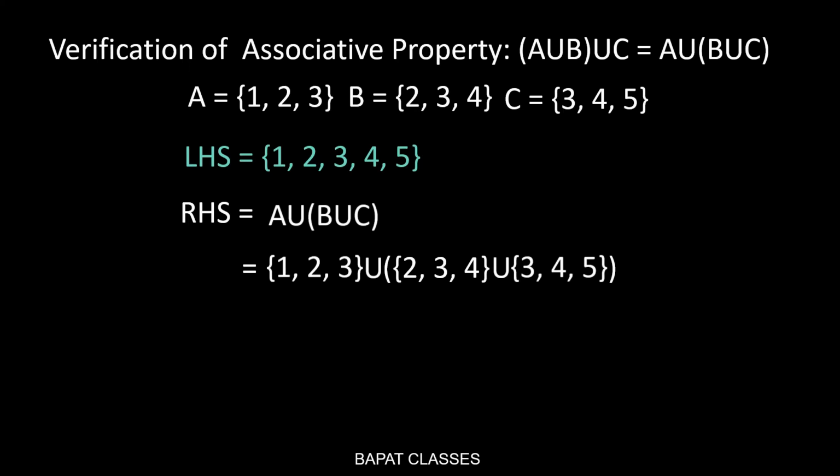And therefore, total number of elements in B union C equal to 6 minus 2, that is 4: 2, 3, 4 and 5. And therefore, RHS is equal to {1, 2, 3} union {2, 3, 4, 5}.